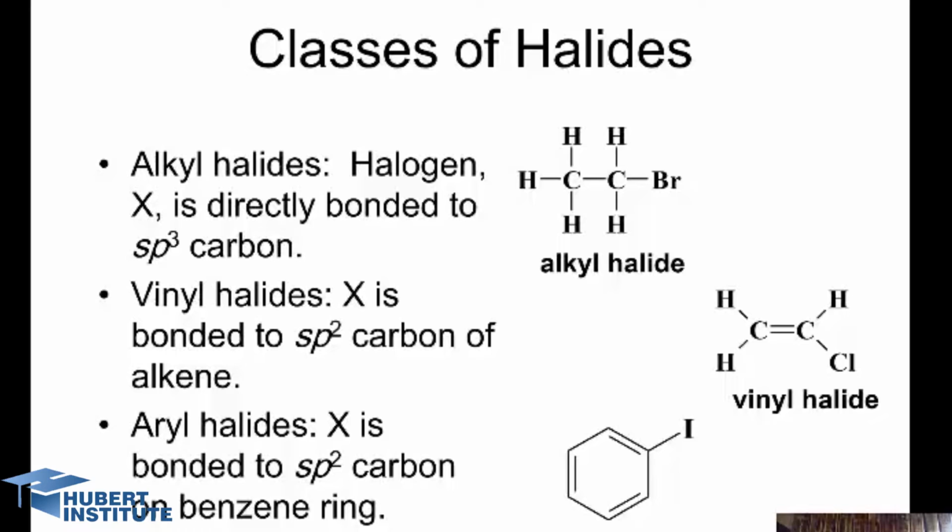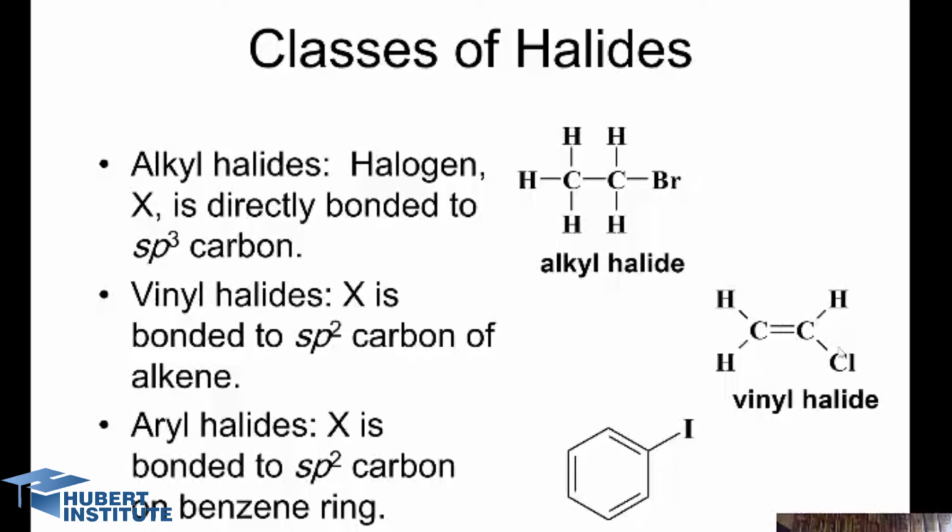It depends on whether you replace a hydrogen connected to a carbon with sp3 hybridization or sp2 hybridization. If you bond a halogen to a carbon with sp3 hybridization, you will get alkyl halides.